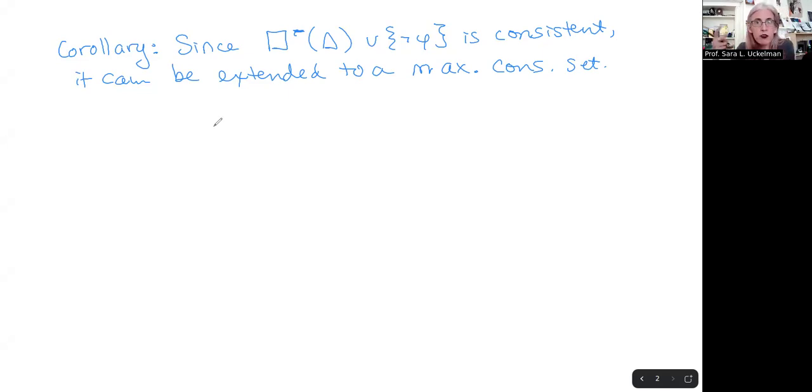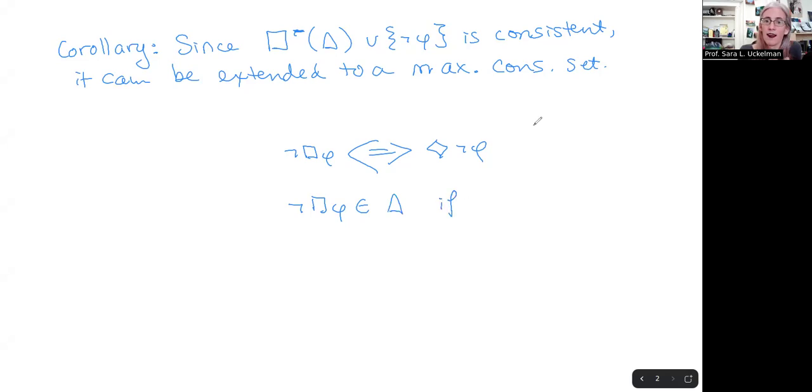Now, the only other bit that you need to see as to how this gets us the relationship that we want is that not necessarily phi, by things that we proved earlier, is equivalent in logical semantic terms to possibly not phi, but we also know that in one of these maximal consistent sets, not necessarily phi will be a member of the set if and only if possibly not phi is a member of the set.